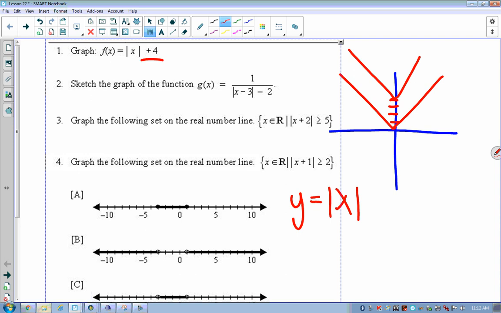Okay? Now, just so that you're aware, if this had said f of x equals absolute value of x minus 4 plus 4, this is where it gets a little tricky because it's opposite of what you would think. You would think that that's going to move it to the left 4, right? Because it's minus. It actually moves it to the right.